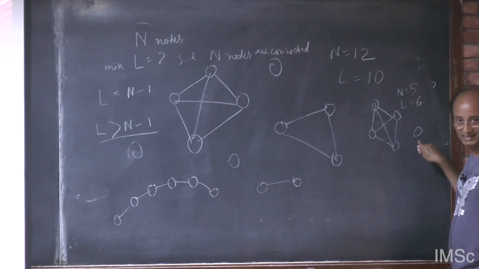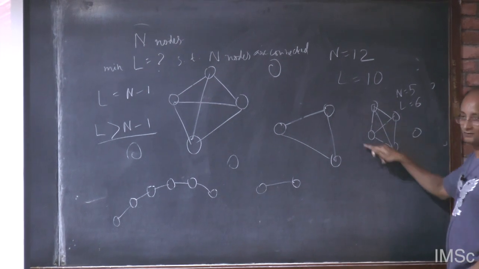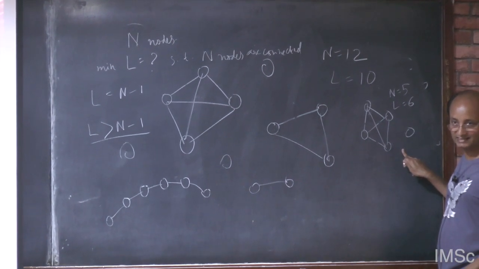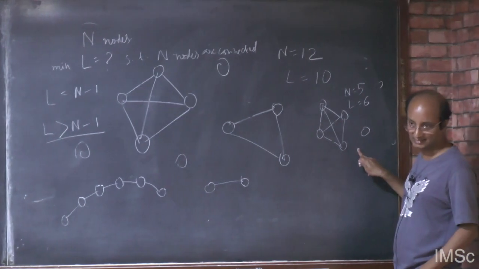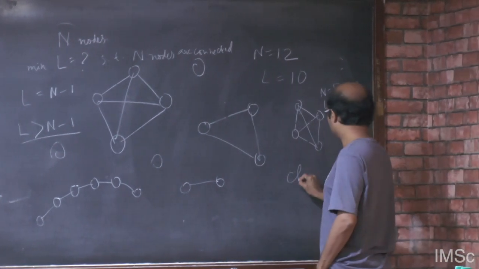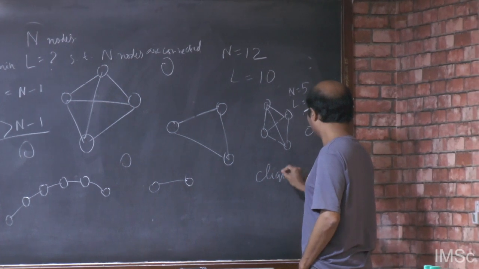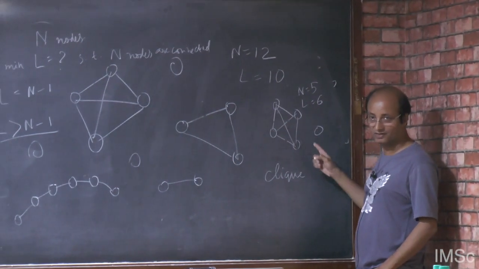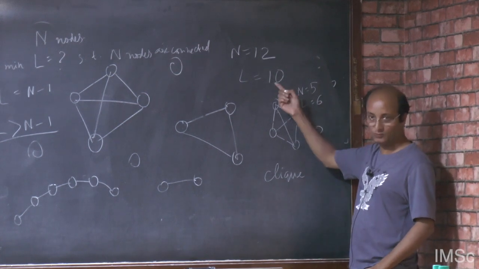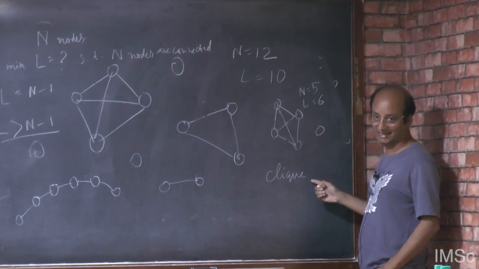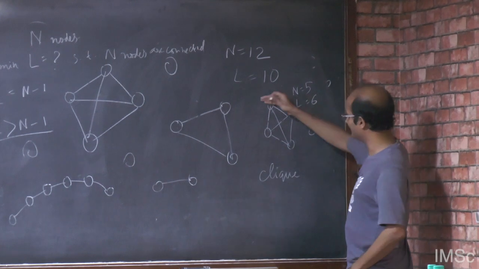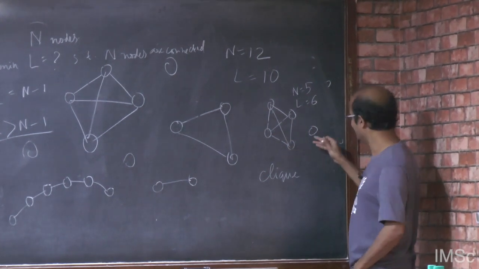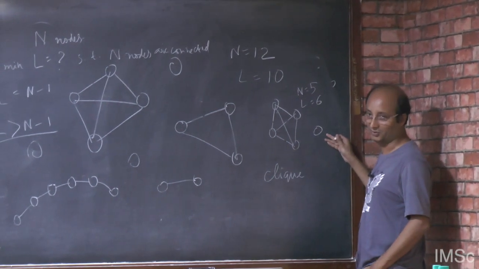However, you can see that 4 of them have created a fully connected cluster. So this is also sometimes known as a clique. A group of nodes who are each connected to everyone in that group is called a clique. So what has happened over here is that you have had a clique formation and one node has been left out.